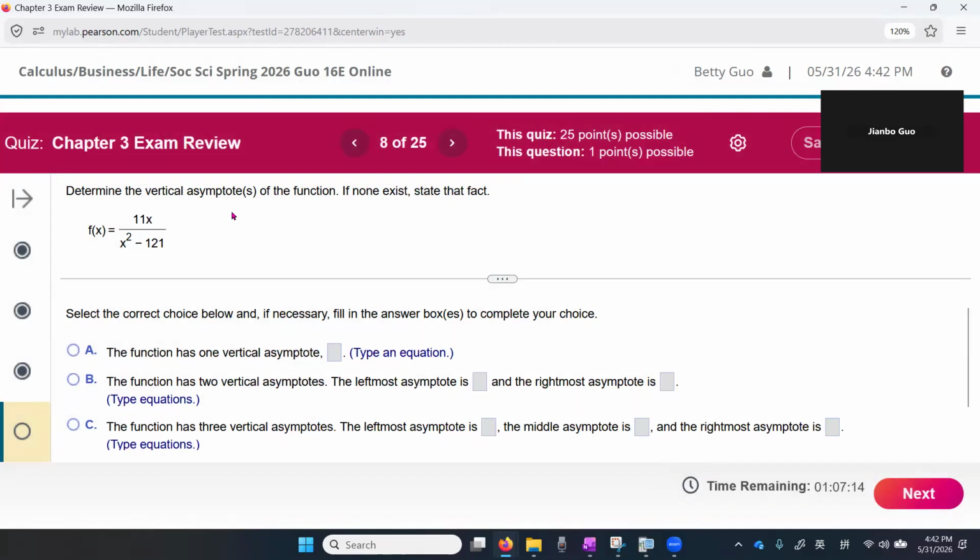This one is a vertical asymptote, rational function. To find the vertical asymptote, you look at the denominator. Of course, sometimes you look at the numerator, but we don't have to in this case because the numerator and the denominator do not have any common factor.